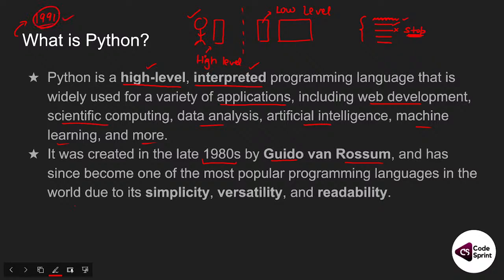Remember this part. Because of its simplicity, versatility, and readability, these are the three main pillars of Python, it is a popular programming language among beginners as well as professionals.